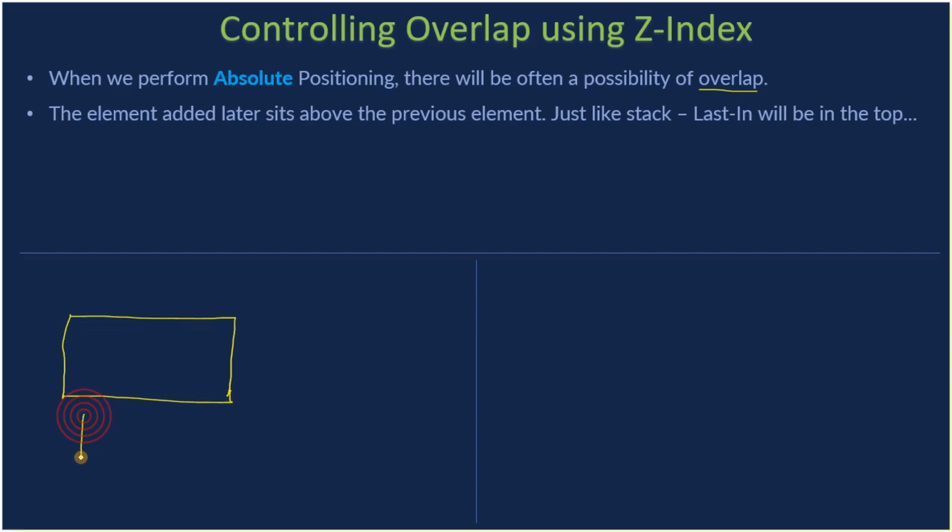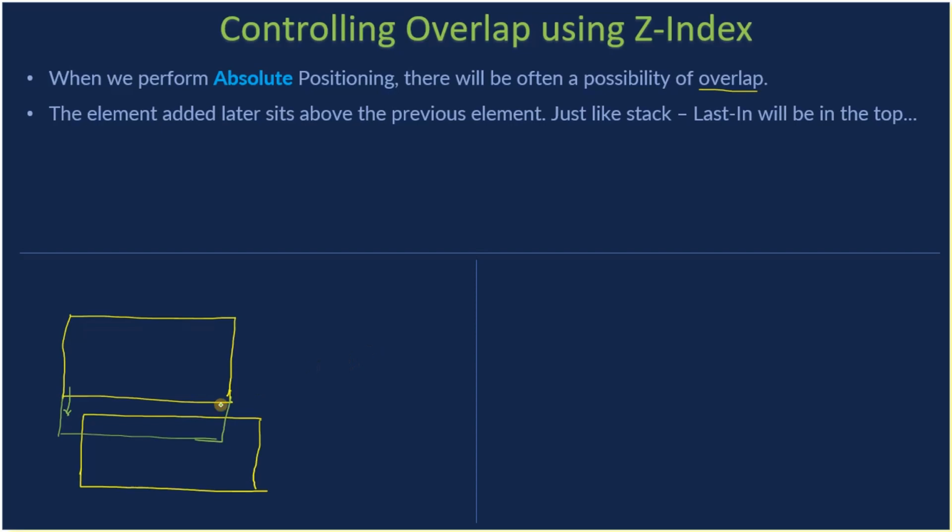Then you added one more element and you positioned it like this. So at present the elements are not overlapping. When content grows without any scrolling, there will be a possibility of overlap. So when content grows here, it may overlap with the other element.